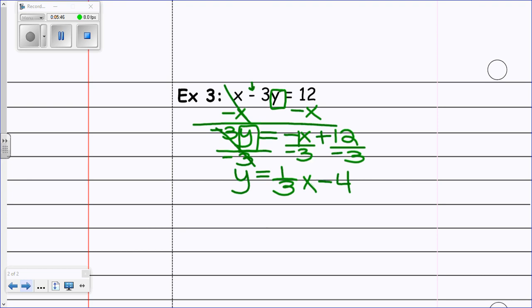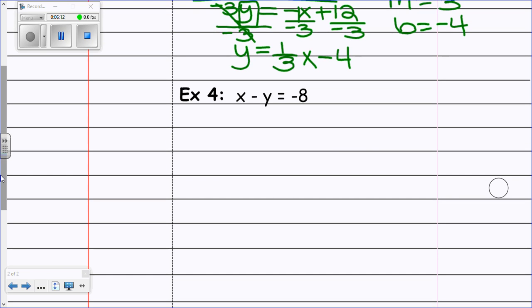So now we can identify the slope is positive 1/3 and the y-intercept is negative 4. It's not as easy to identify that in standard form, but if we change standard form to slope-intercept form, we should be able to identify the slope and the y-intercept.